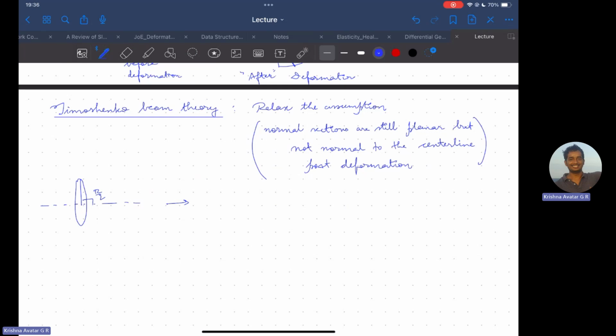Now after deformation, it so happens that the normal is like that. The center line has deformed. The normal to the cross section was like this, and now it's stayed like this, but this is the tangent to the center line.